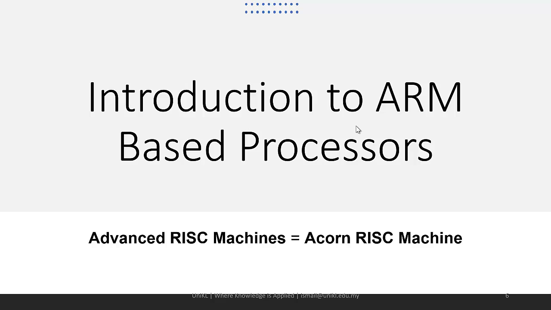The philosophy is that it has instructions of similar length, so the decoder that decodes the instructions is much simpler because they have the same length. It is also designed to be more suitable for the compiler rather than for the human being.